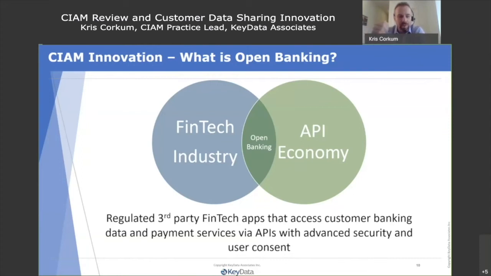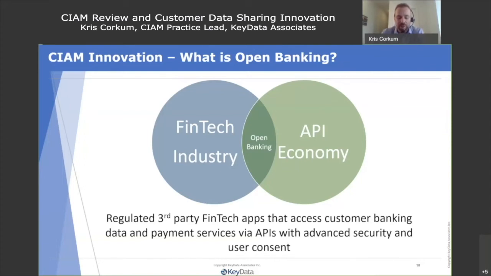In other words, as you see there, regulated third-party fintech apps that access customer banking data and payment services via APIs with advanced security and user consent. So fintech is the term used to refer to innovations in the financial and technology crossover space.